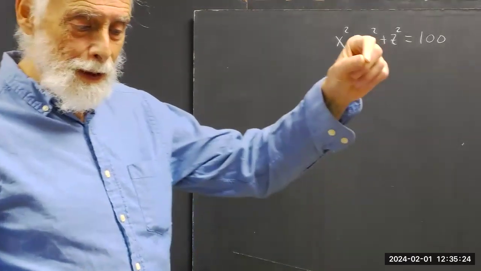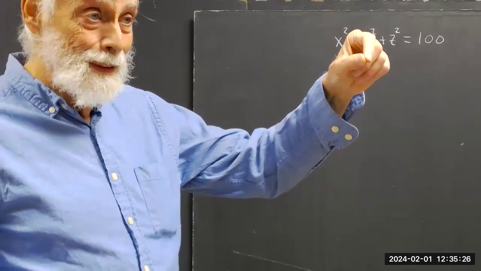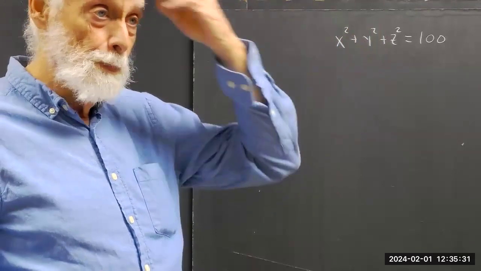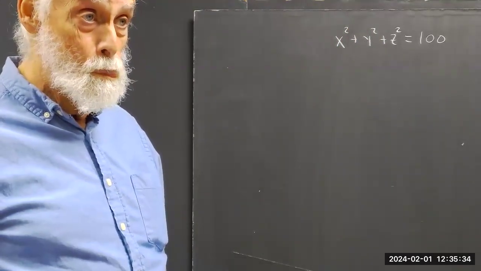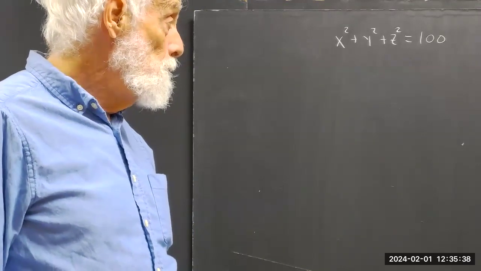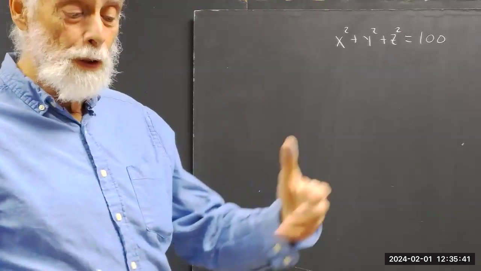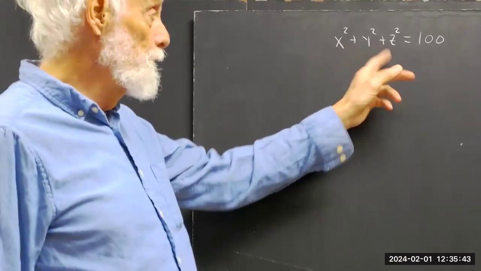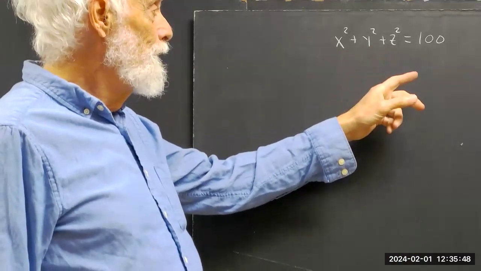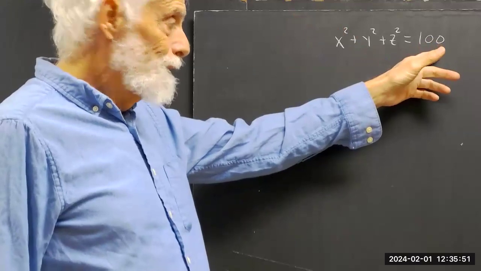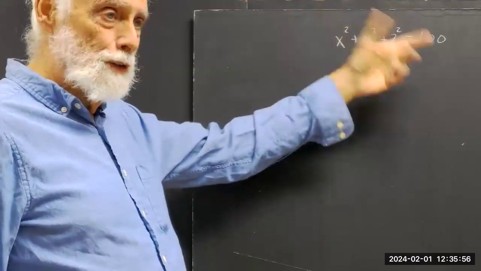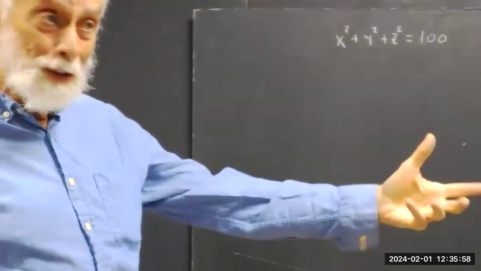From 0 to point x, y, z, your distance is the square root of x squared plus y squared plus z squared. That's just an extension of the Pythagorean theorem. I mean, it is the Pythagorean theorem applied twice. And then if we square that distance, we get x squared plus y squared plus z squared, meaning that the square of the distance from the origin to x, y, z is 100, meaning the distance is 10.